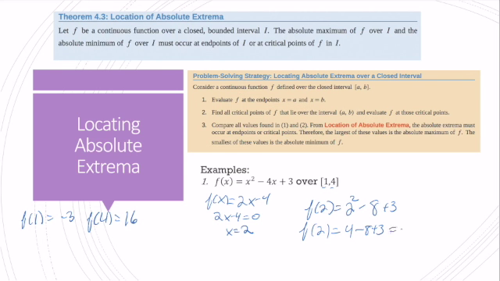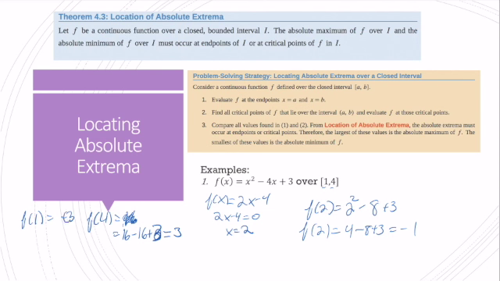So let's double check f of 4 is 16. This is not quite right. f of 4 is going to be 16 minus 16 plus 3, which equals 3. Sorry about that calculation error, guys. So let's take a look. I have f of 1. We'll check this too. 1 squared minus 4 is negative 3 plus 3 is 0.